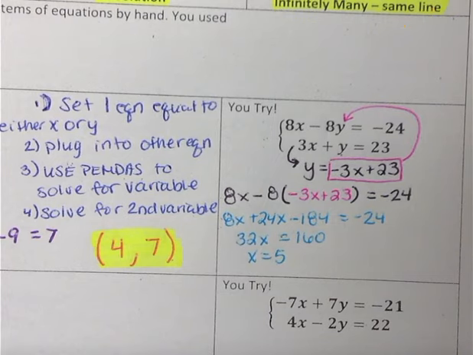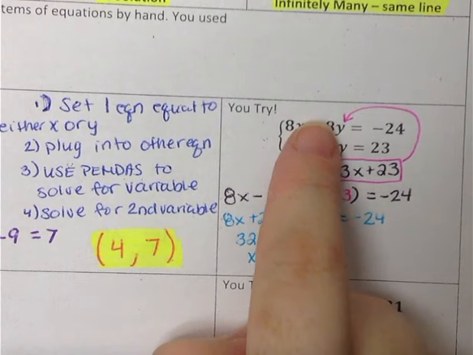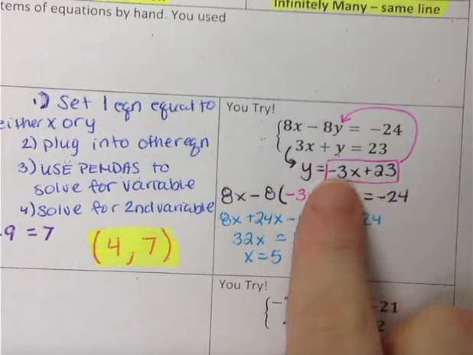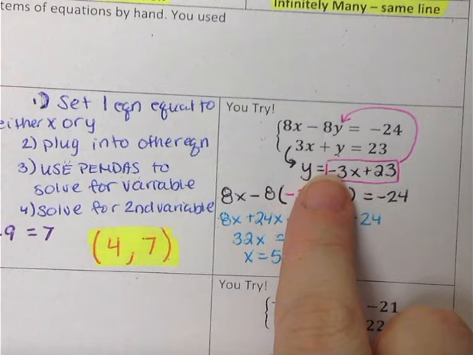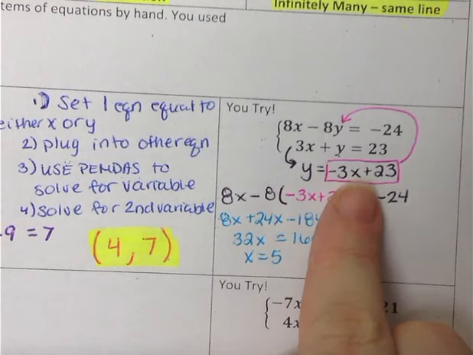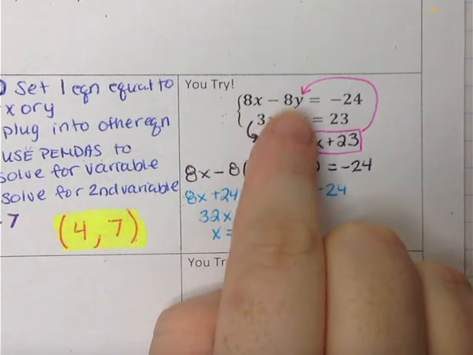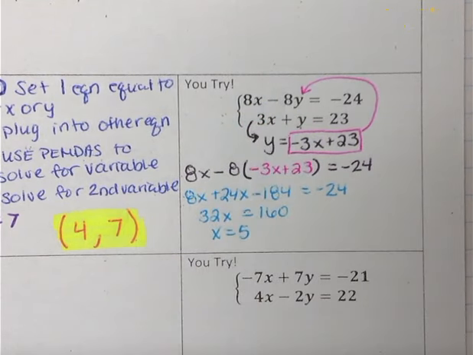Now that we know what the x value is, we can again plug it back into one of the original equations to solve for y. I do not want to plug it into the one that I created or the one that I simplified, because that one could be wrong and then our entire answer would be wrong. So you always want to plug it into the original because that you know is correct.